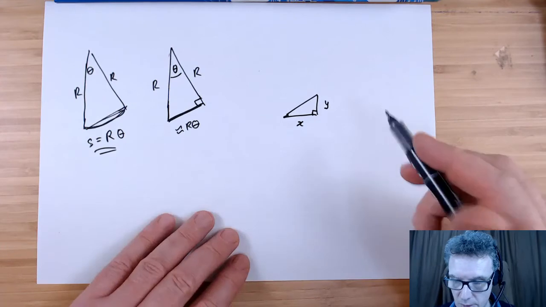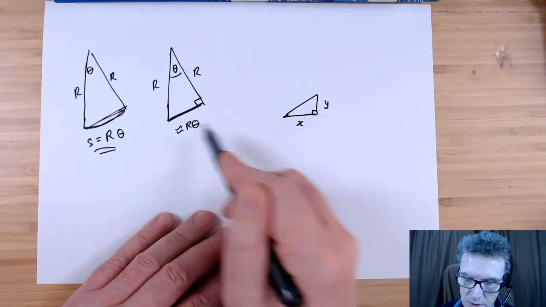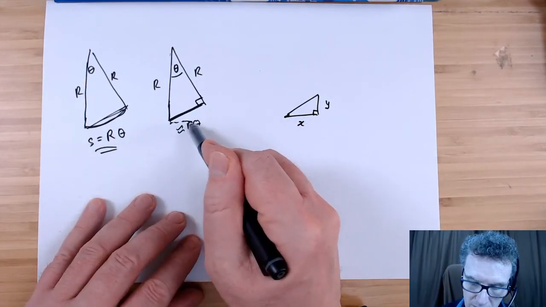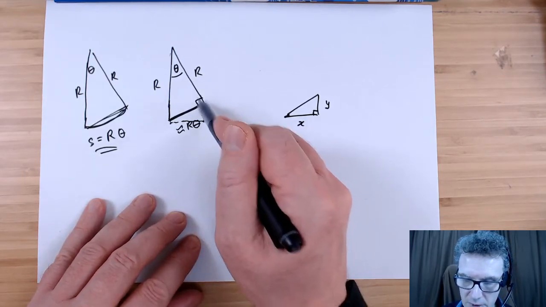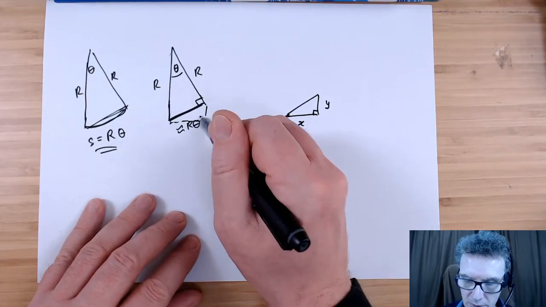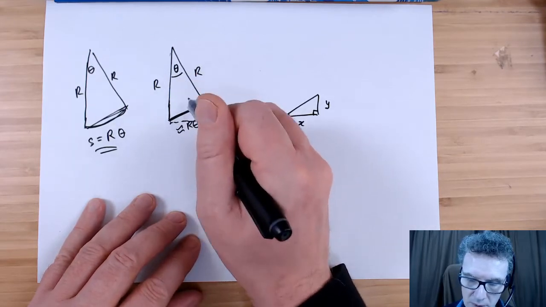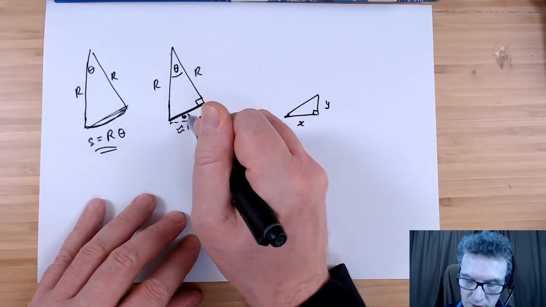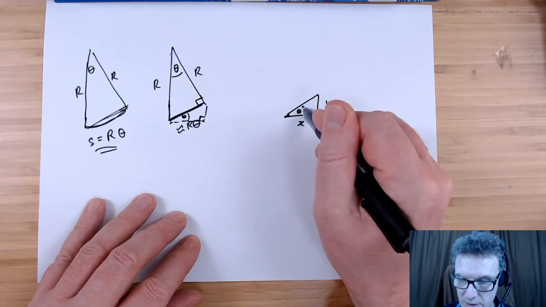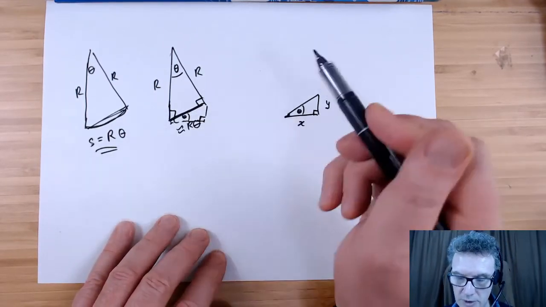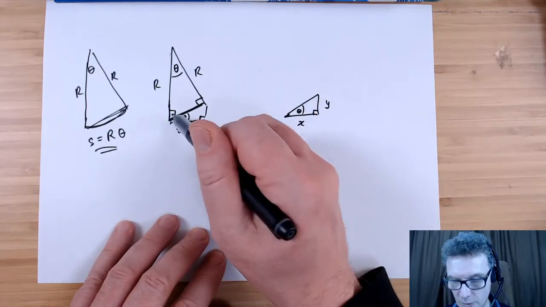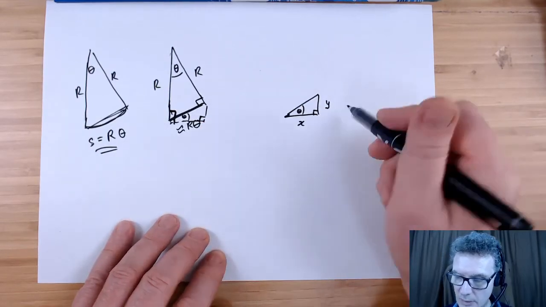Let's put this triangle onto here, and if I make this one, that makes this theta here. So we're doing another right angled triangle from that point to that point.